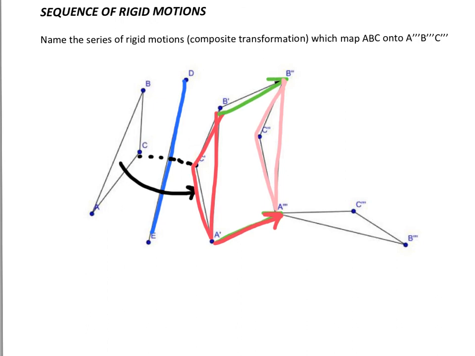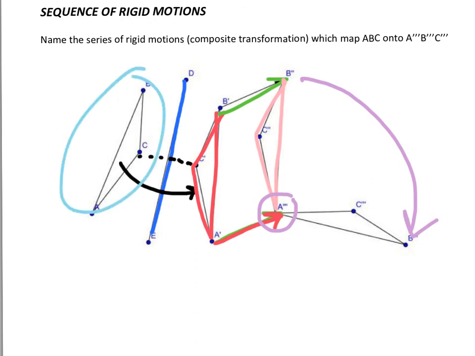I'm getting closer now to getting that original triangle mapped onto A triple prime, B triple prime, C triple prime. I have one more step, but now that my A's are lined up, I'm going to rotate about point A such that point B double prime maps onto point B triple prime. And then I'm finally done. I've started with my original triangle, and through a series of steps, I was able to map it onto this triangle here. Very important to know for the Common Core.